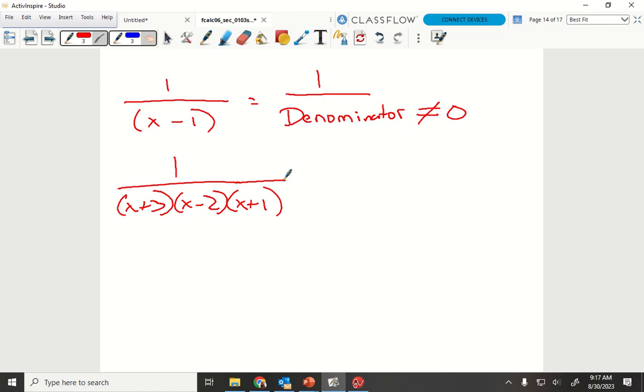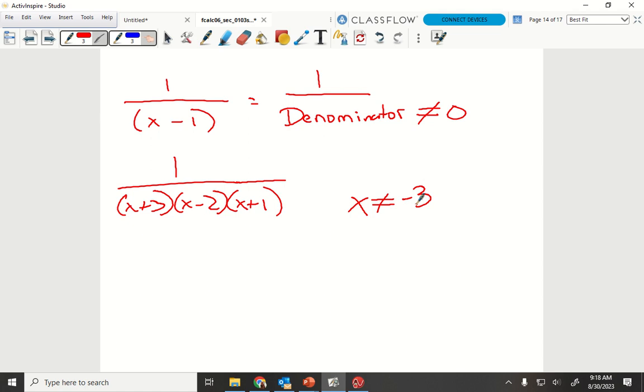You're going to tell me right now, x cannot equal what here? 0. On this one here. What can x not equal in this first binomial? Thank you. -3.